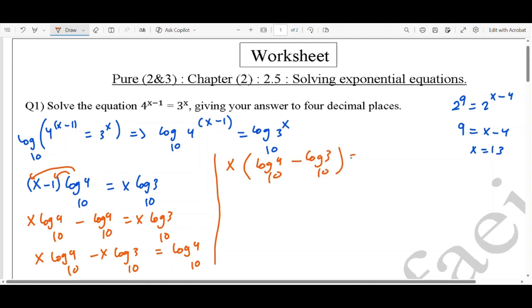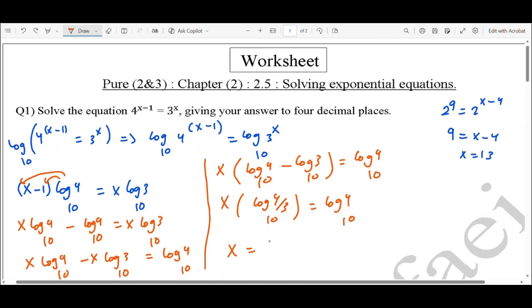So x times log 4 over 3 to the base 10 equals log 4 to the base 10. x equals log 4 to the base 10 divided by log 4 over 3 to the base 10.